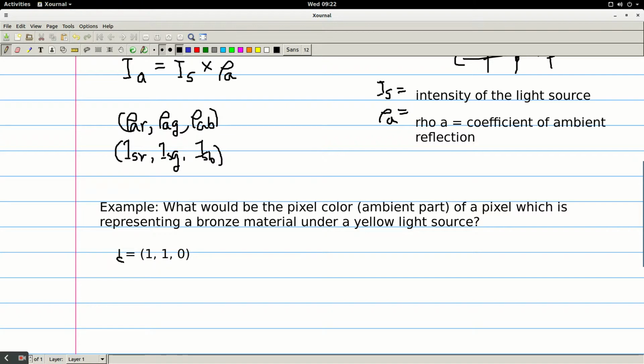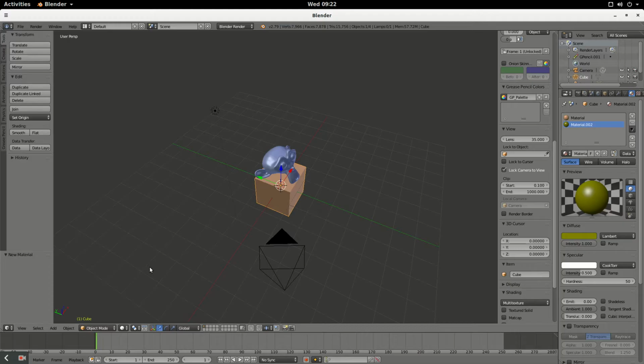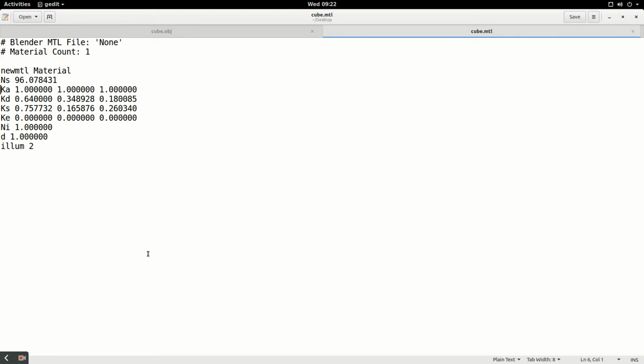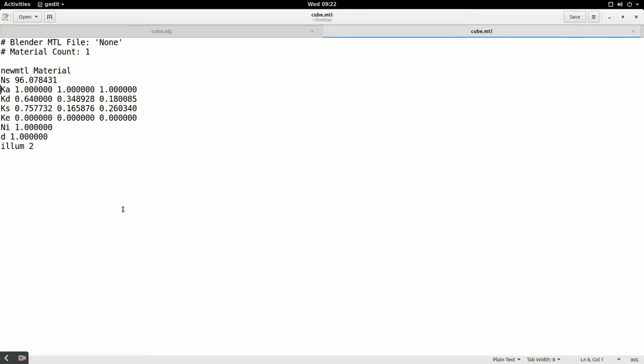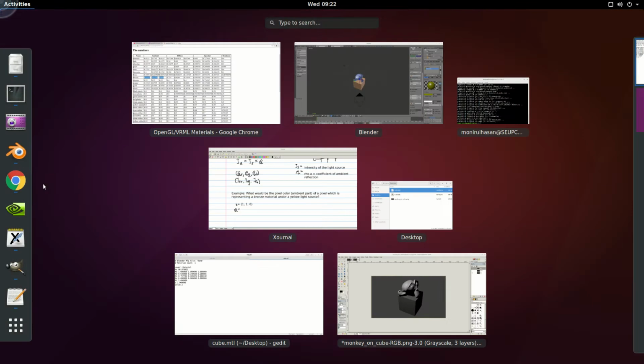So let me write this down. Intensity of the light source and the rho A value. I need to copy that from this place. 0.21, 0.12, and 0.054. So we're going to write them down.